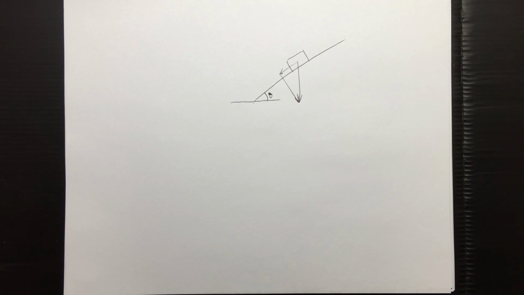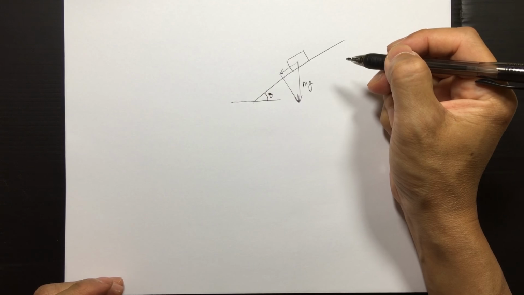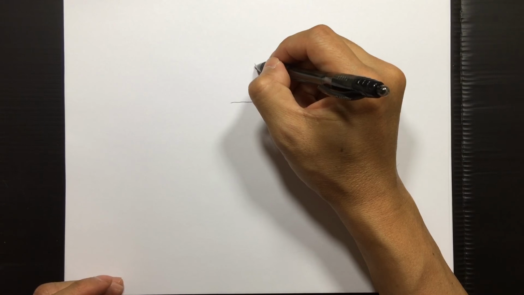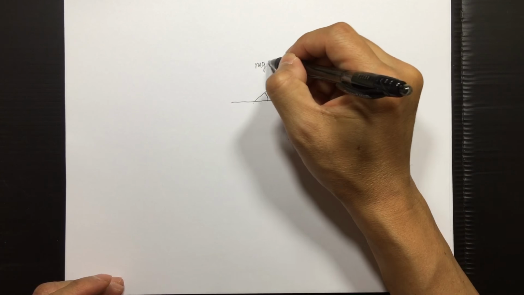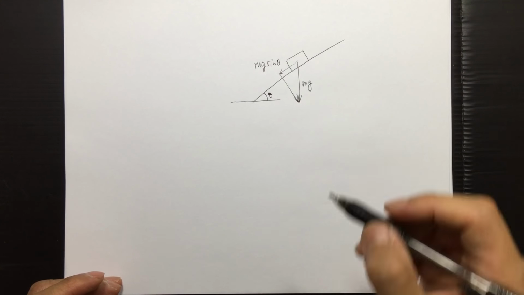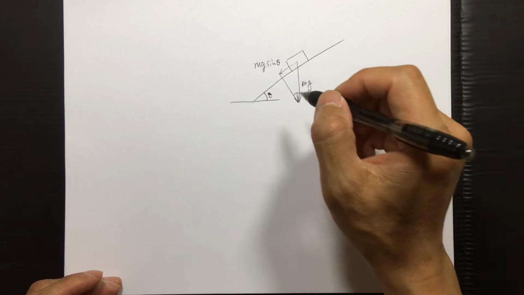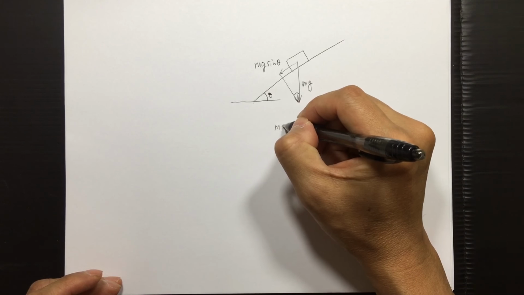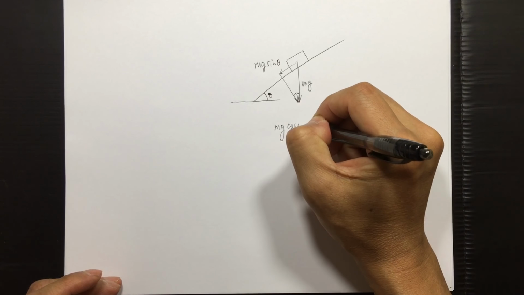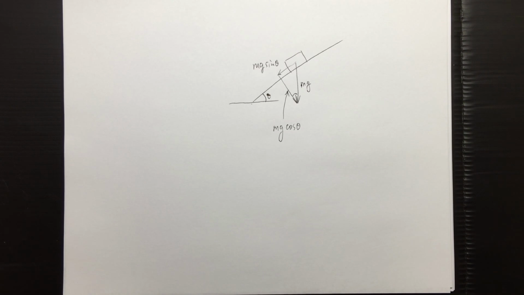This is mg, this is mg sine theta. This is theta, by the way. If this is theta, this is theta. This is mg cosine theta. From that, you can do all your business.